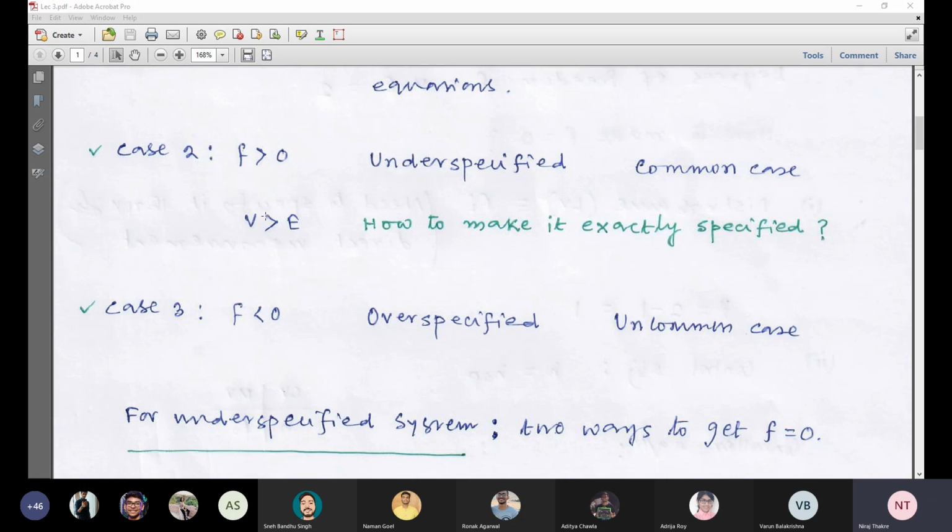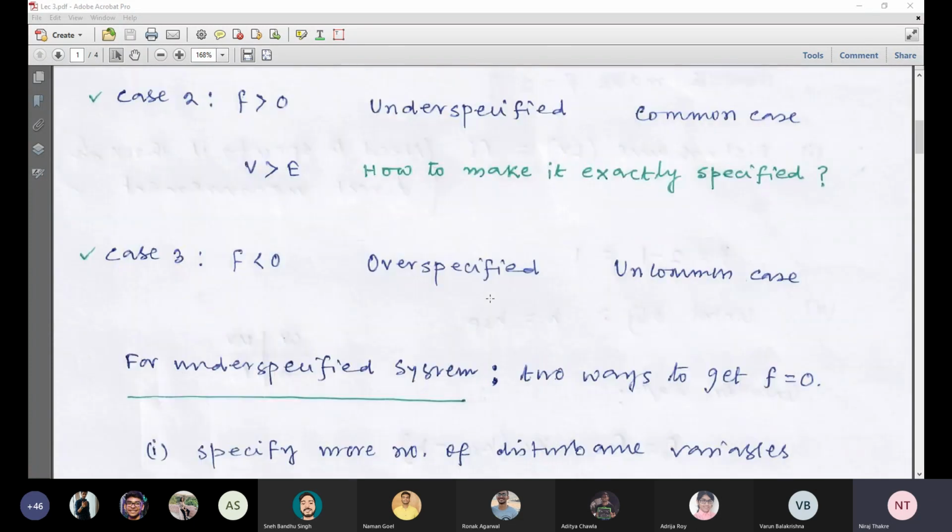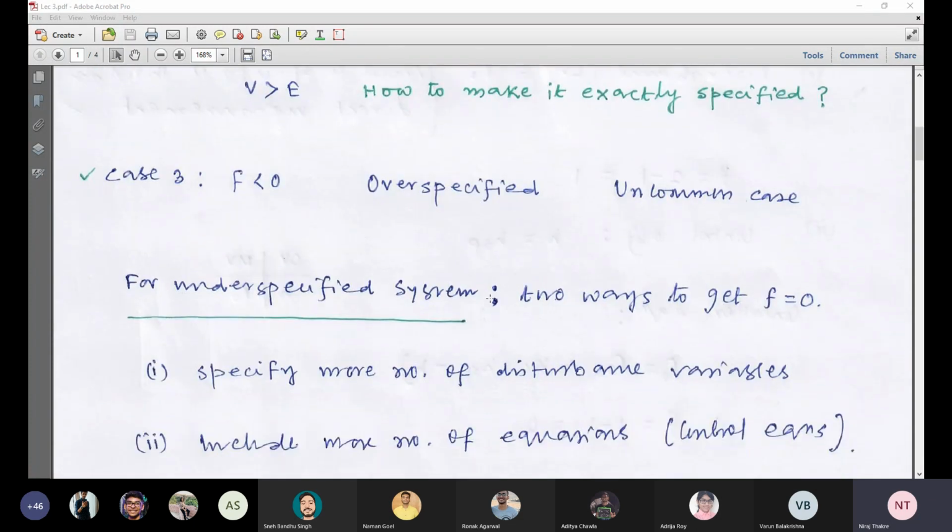If we measure number of variables, then we can have that information. That means that is known, that is not unknown to us. So by this way, we can reduce the number of unknown variables. You see, it is written here, the 2 points. Specify more number of disturbance variables.